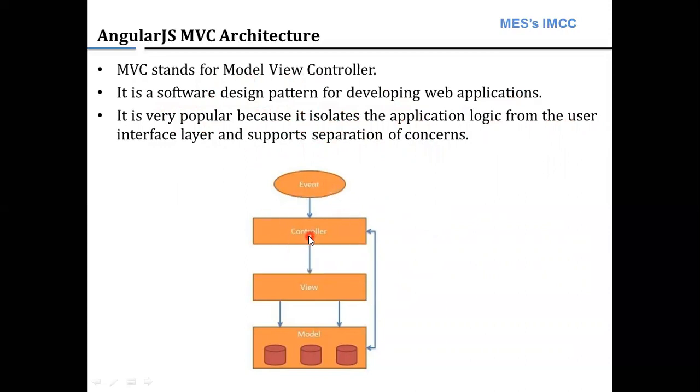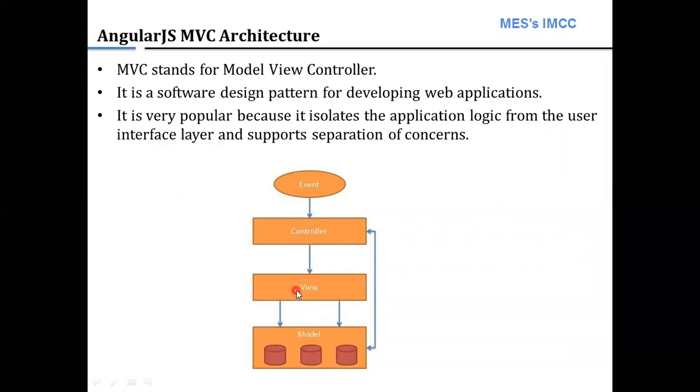We have the controller. Controller is nothing but the application logic. We write the functions over here, which is called the controller. View is your displayed data, maybe in the form of HTML, CSS, or visual layouts. And model actually deals with your data.